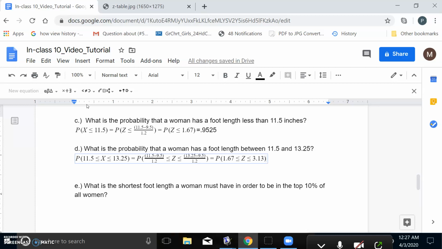Okay, I claim that this will equal the probability z is less than or equal to 3.13, minus the probability z is less than or equal to 1.67. Let me explain how I got this.